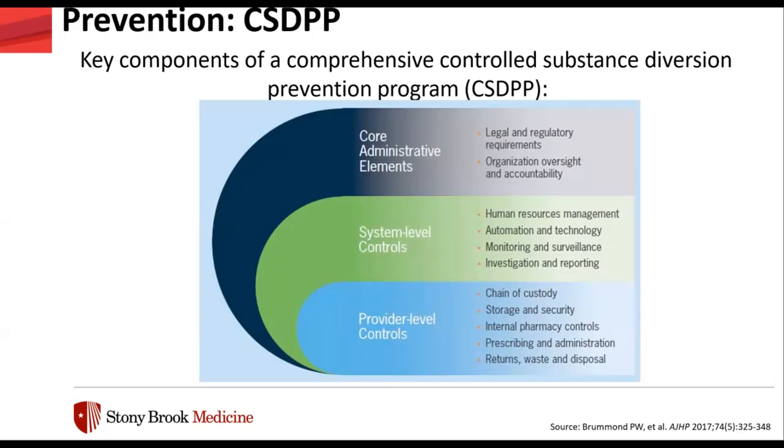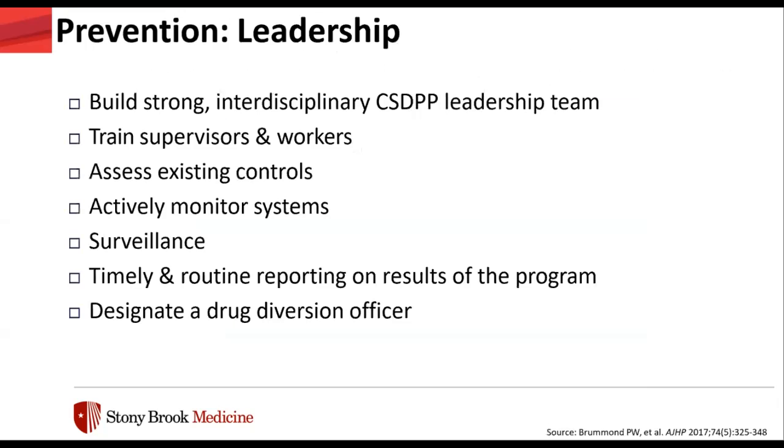And there's provider level controls, so chain of custody, ensuring that once an opioid medication or a controlled substance is dispensed, that we are aware of where it is in our institution at all times, as well as ensuring that we have adequate storage and security, internal pharmacy controls, that we monitor prescribing and administration, as well as returns, waste, and disposal.